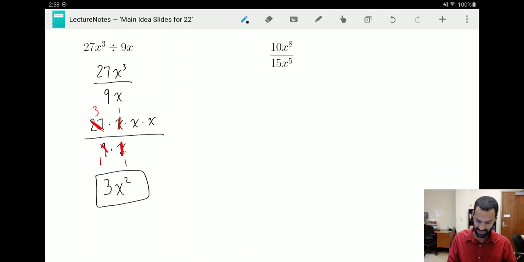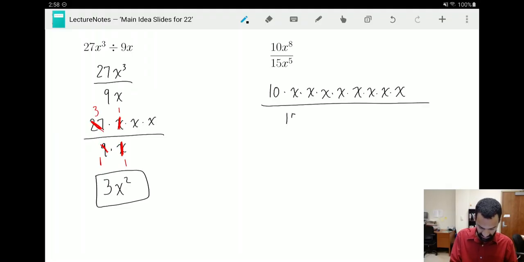Let's also do this next one. 10x to the 8th over 15x to the 5th power. That's going to be 10 times x times x times x times x times x times x times x over 15 times x times x times x times x times x. Okay, I think I got the right number of x's up there.